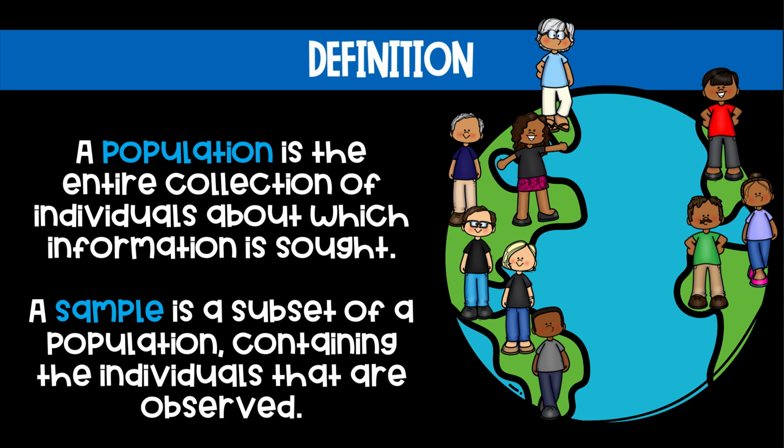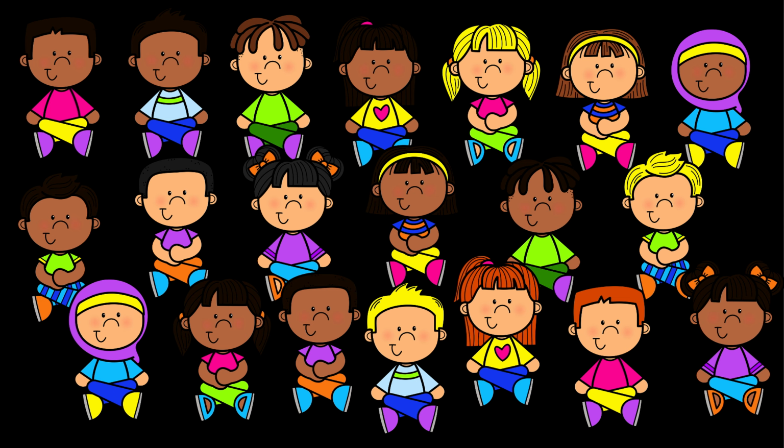We use this method because it will be really, really hard in some cases to study the entire population. Let's suppose we want to study which kids in the US are diabetic. It will be really hard to survey all of the kids in the entire population of the United States.